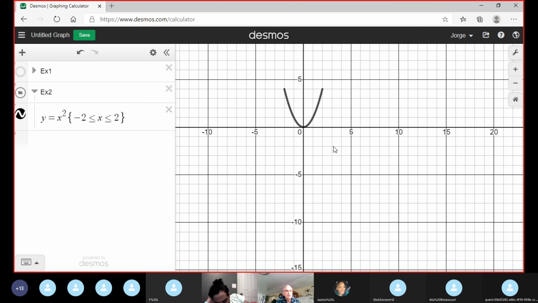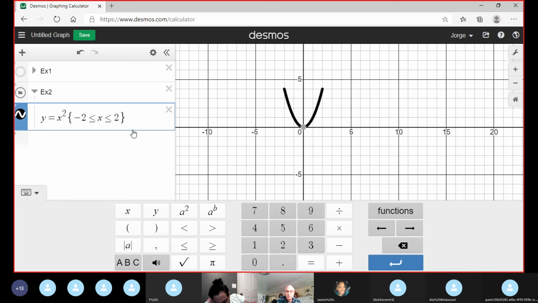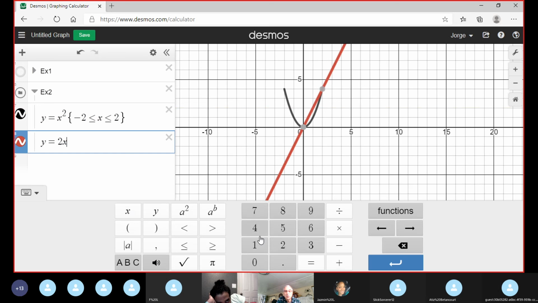Okay, super. What is my second piece? Well, my second piece is y equals 2x minus 1. It's a line.